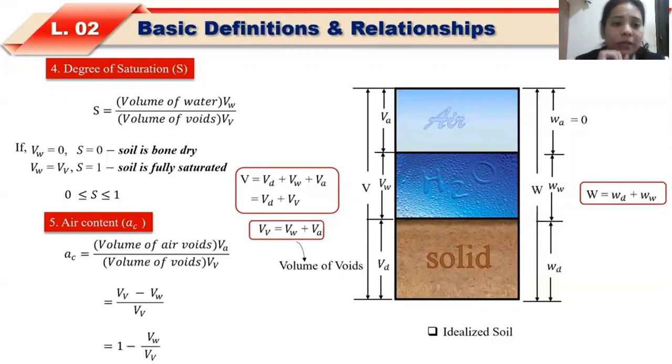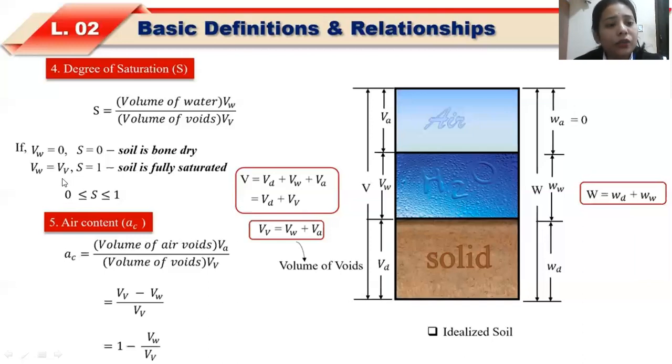So from the very basic formula, we will conclude that the term VW will be 0 and the whole value will be 0. Hence, the value of S will be 0. Such kind of soil is called bone dry soil or dry soil.